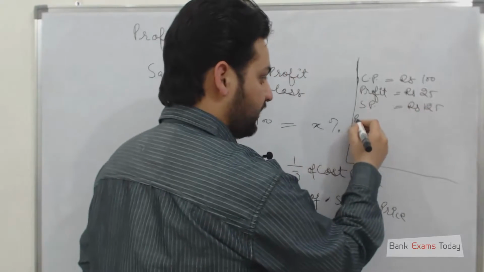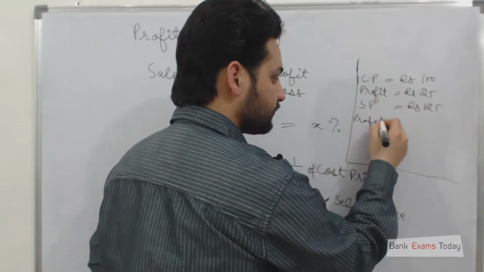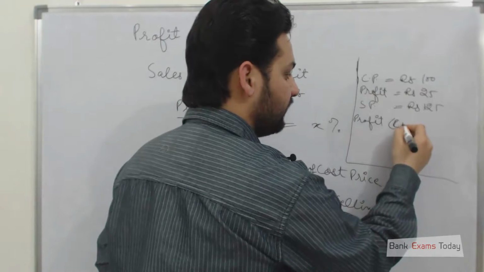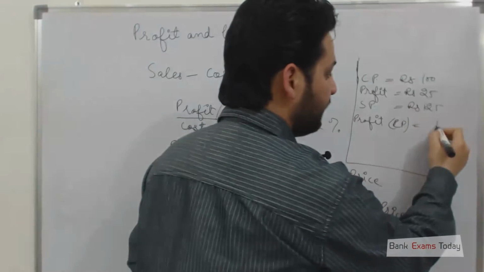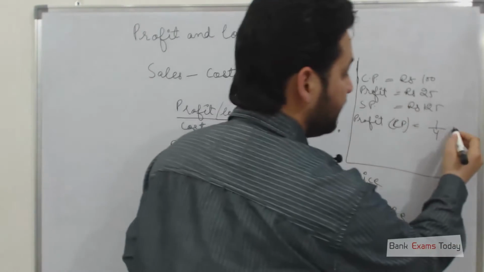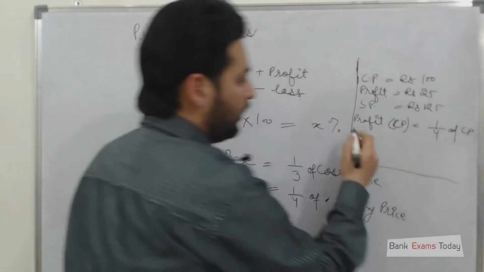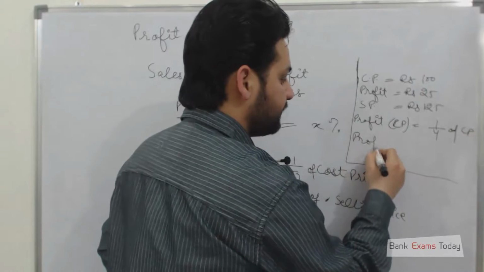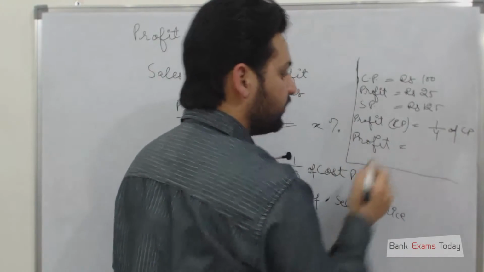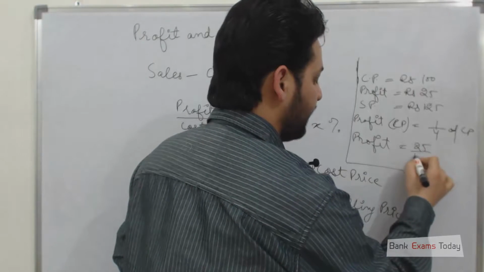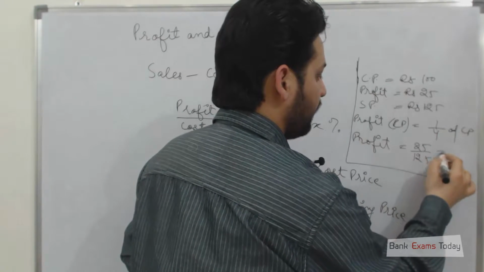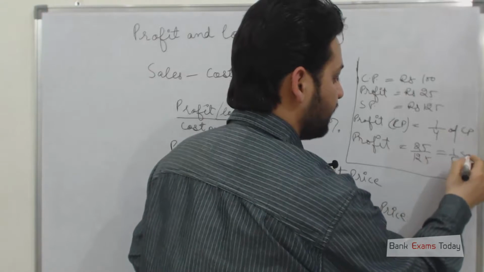The profit as a percentage of cost price, if we calculate in fraction, will be 1/4 of CP, cost price. And in terms of selling price, it will be 25 over 125 or 1/5 of selling price.